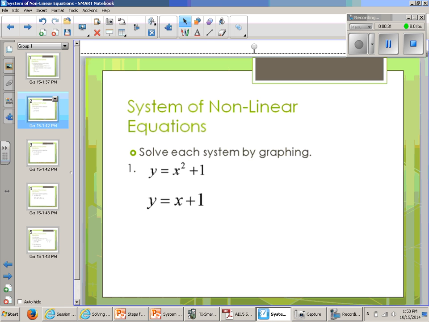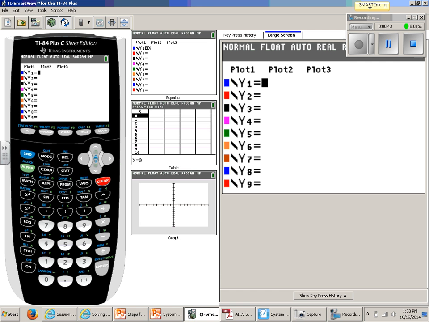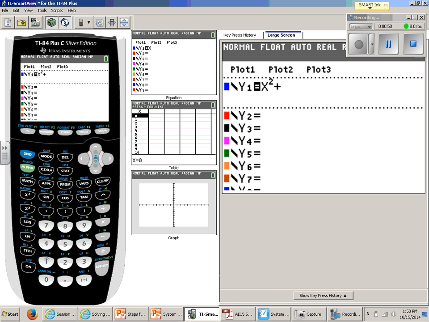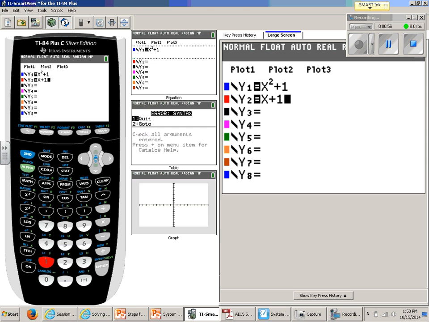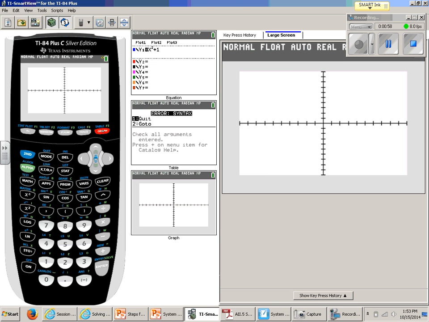This first problem is y equals x squared plus 1 and y equals x plus 1. So let's go to our calculator. Both equations have y by itself, so we've already solved for y. Let's type in x squared plus 1 in y1 and x plus 1 in y2, and graph it.